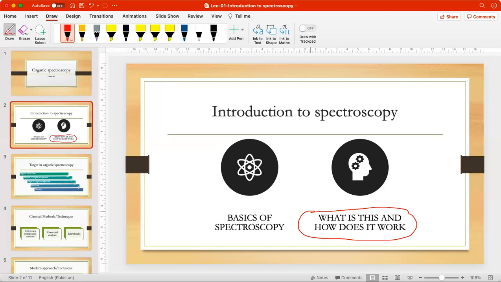If you know the structure of the compound, only then you can predict the potential of the compound.